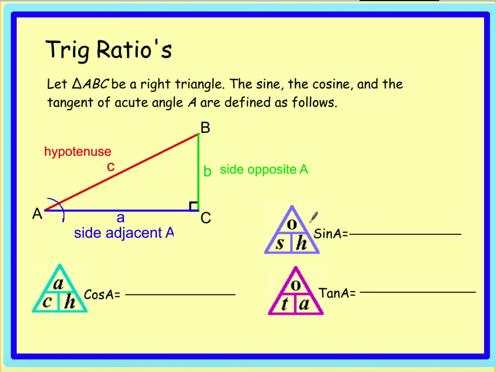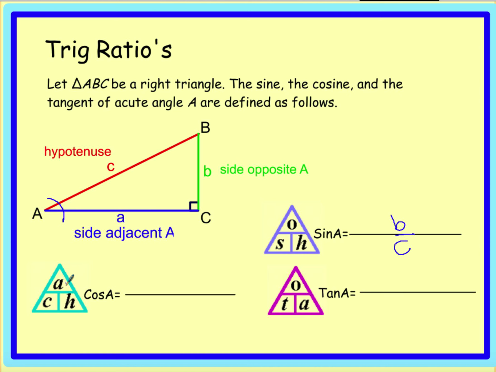So your sine is the opposite divided by the hypotenuse. So our opposite side was B, divided by the hypotenuse, which we labeled little c. And we can keep going.